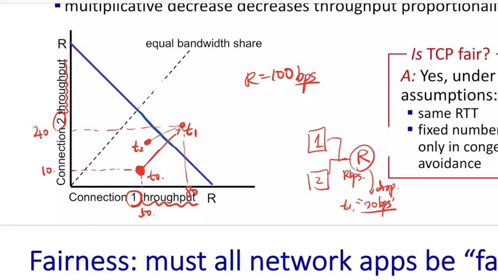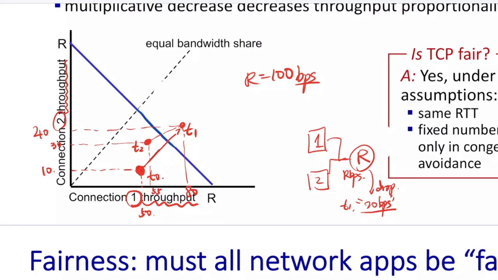So the next moment is right here, T2. Because connection 1 dropped more packets, at T2 its congestion window size decreases a little more than the amount connection 2's window decreased. So maybe that is 30, and that is 55, something like that.